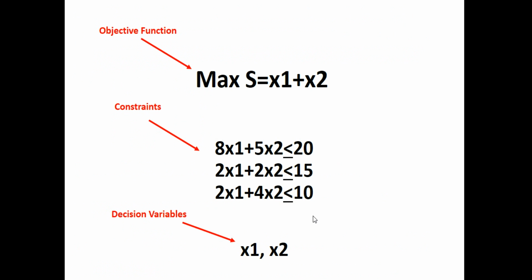And our variables are x1 and x2, so we call variables in an optimization problem decision variables too.